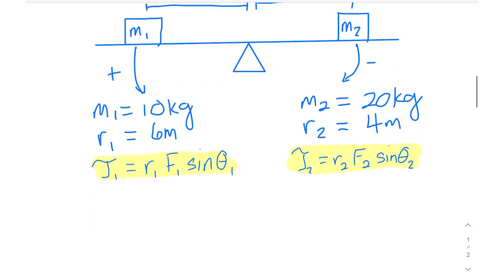So to plug in our values for torque 1, we would have 6 for R. Our force is going to be purely due to gravitational force, acting straight down as a result of that mass. The torque has that rotational component, but the force on mass 1 would be straight down. That's our gravitational component, and gravity is mg.